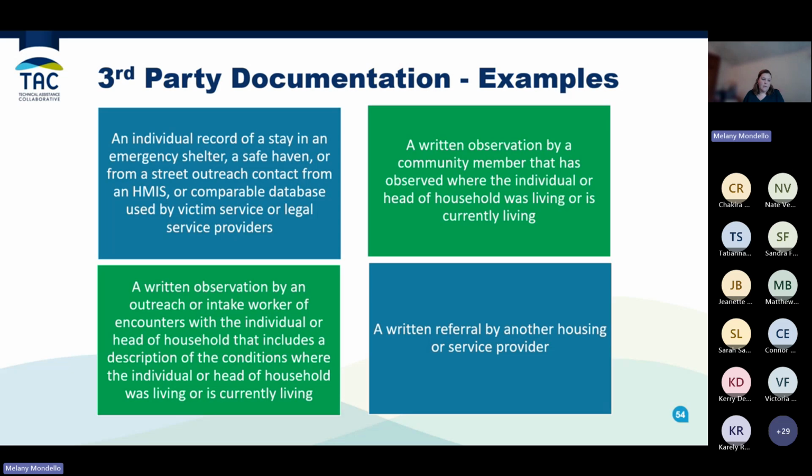So maybe the police referred this person to you because they have had to move someone on from business storefronts, or a business leader can certify that the person's been sleeping in front of their business. So you can be creative here, but you just have to document where it is, and that they had firsthand knowledge of the situation.